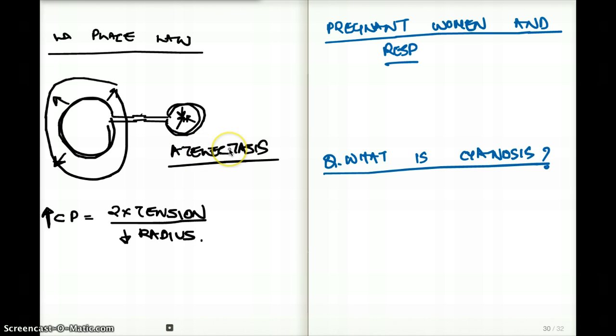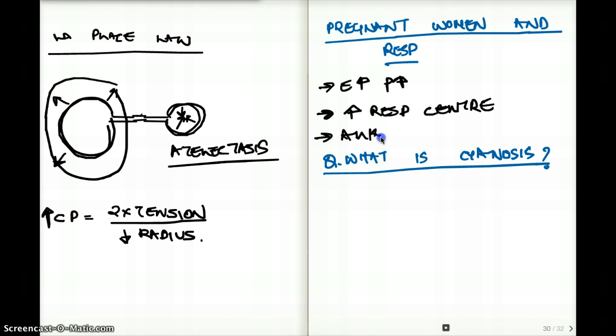Another thing that I wanted to talk about is pregnant women and respiration. In pregnant women, obviously we see estrogen increase, progesterone increase. Estrogen and progesterone are both responsible for increasing the activity of the respiratory centers. And that's why we see alkalosis in pregnant women, because they're always increasing respiratory drive.